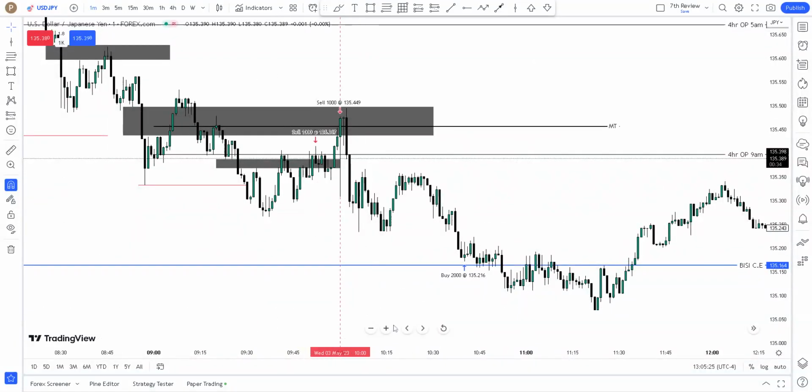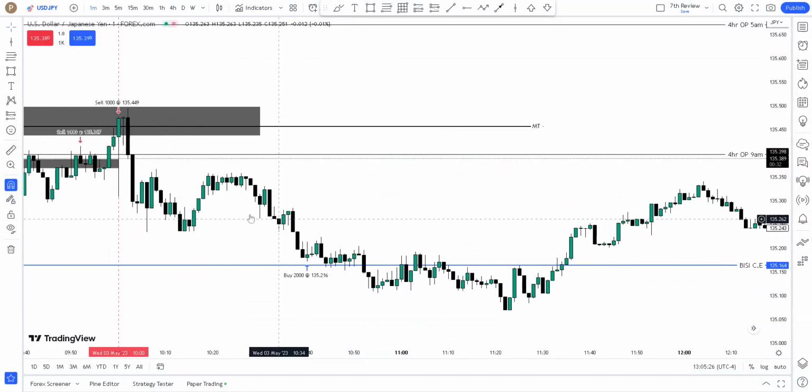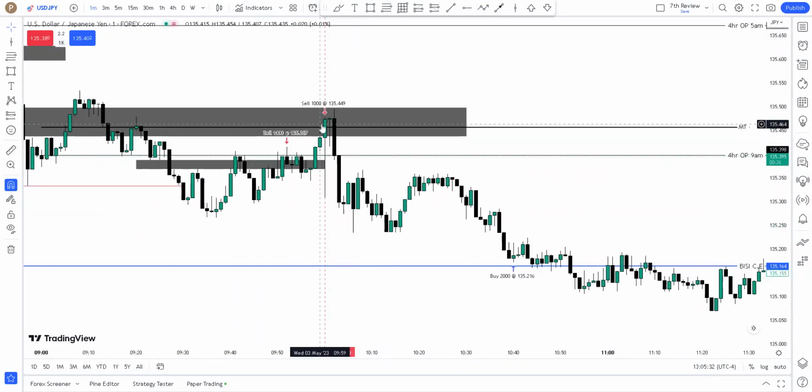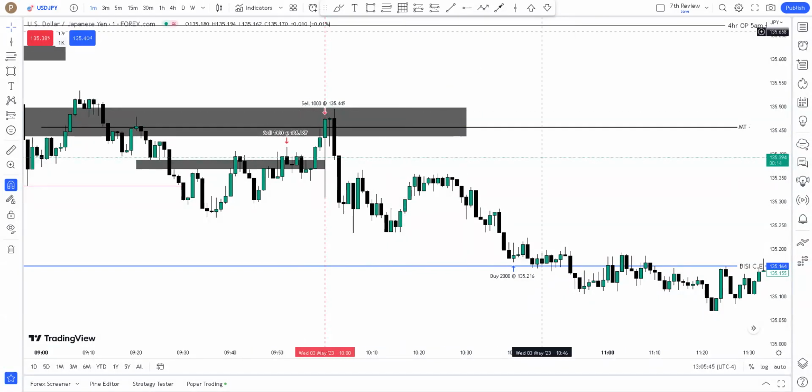So looking at this, the high impact news traded into what did I annotate here? There's a fair value gap, or is it a bearish order block? I'm not sure. Main threshold right there. Let me just get rid of this. And then we broke lower. So what do we have?